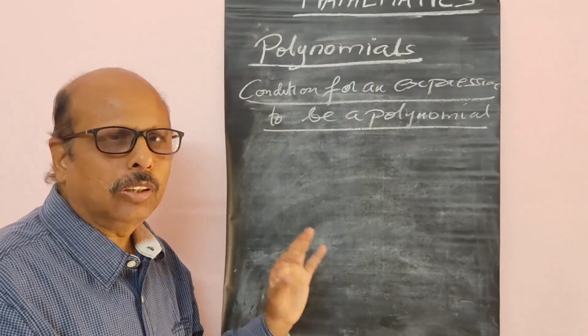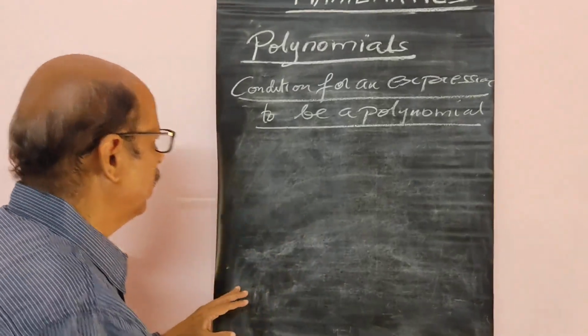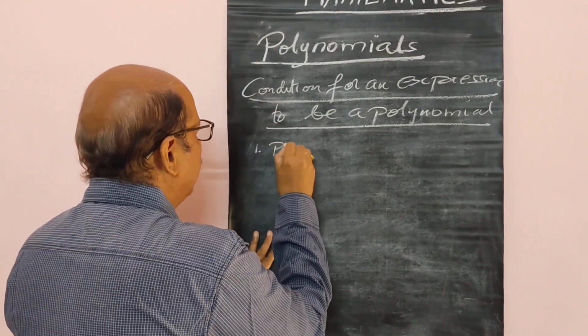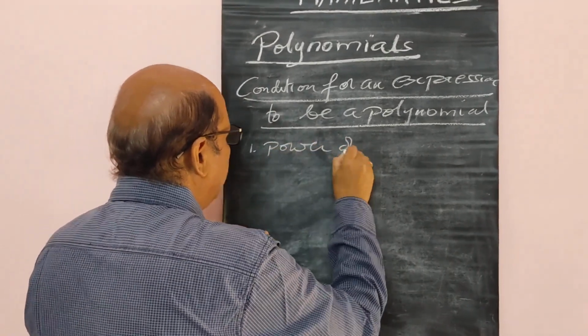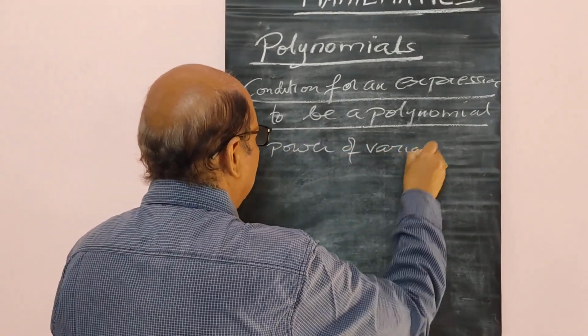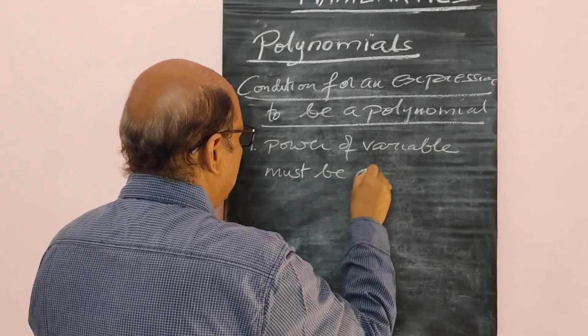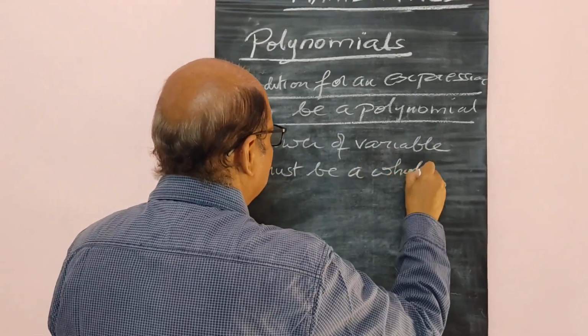So for an expression to be a polynomial, first condition is the power of the variable must be a whole number.